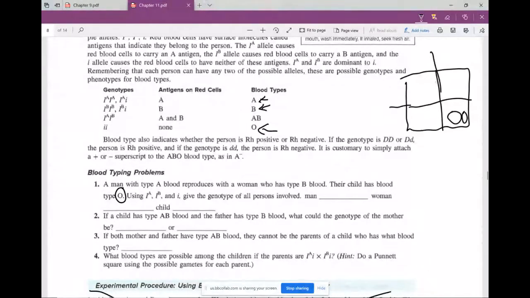A man with blood type A could be AO, and the mother can be BO. So there's a 25% chance that the offspring will be AB blood type, or just B, or just A, and a 25% chance it will be O.